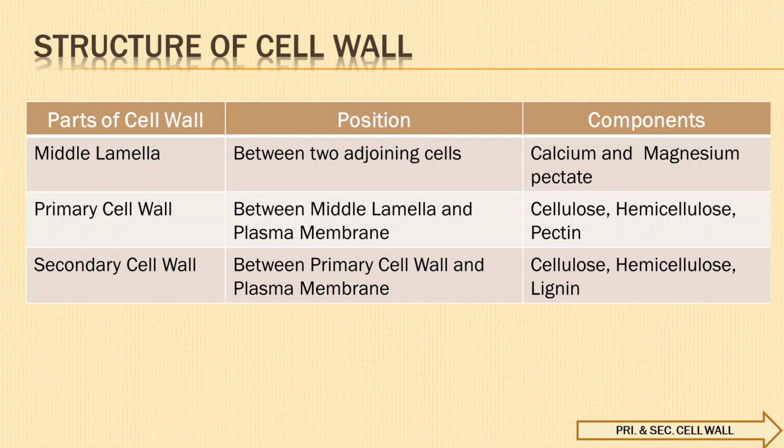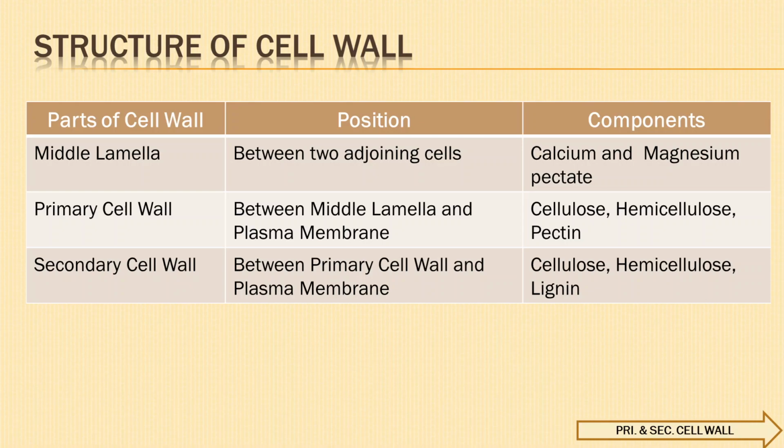Pectin contributes to complex physiological processes like cell growth and cell differentiation. The primary cell wall gives strength and flexibility for cell growth. It is thin, elastic, and capable of expansion in a growing cell.